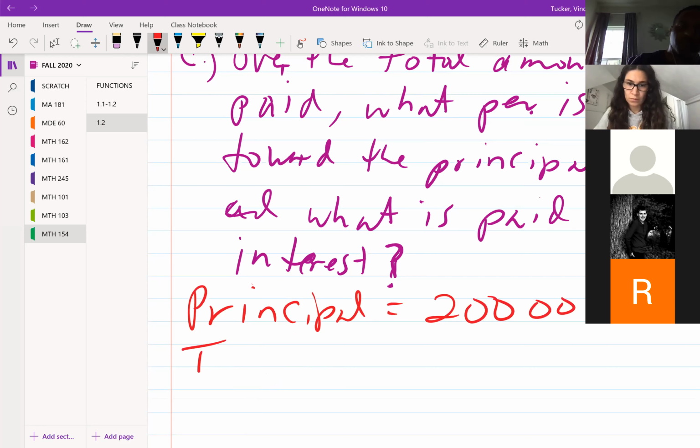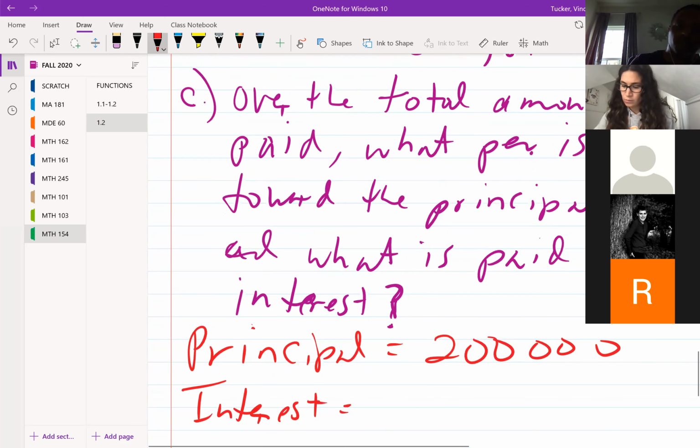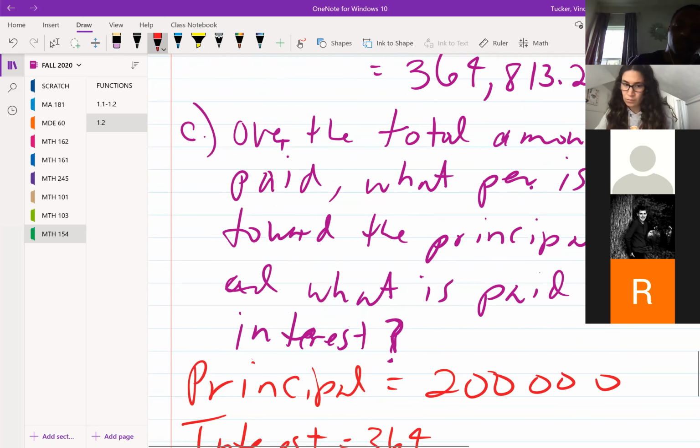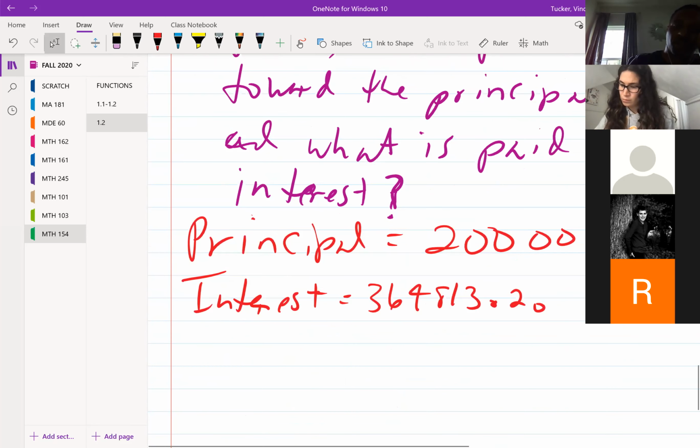Interest would be taking that total amount we just calculated, which is 364,813.20, and subtracting 200,000 from it.